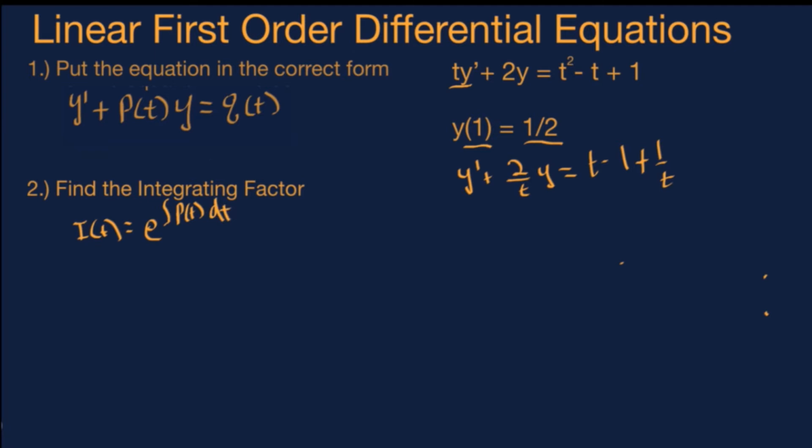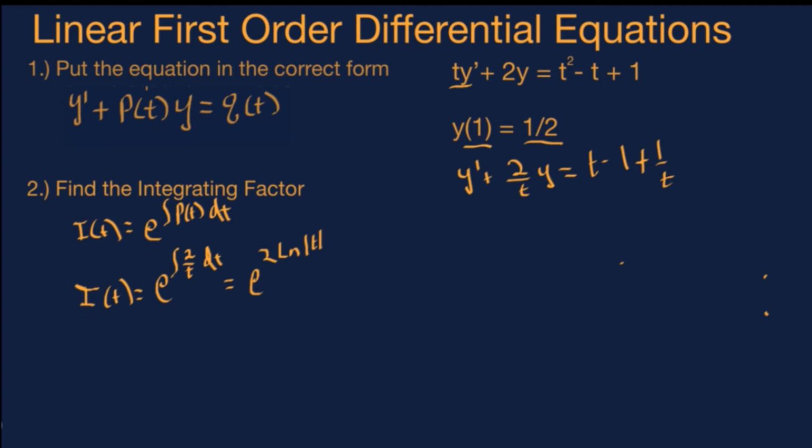And in this case, the integrating factor would be e raised to the integral of 2 over t with respect to t, which of course is e raised to 2 times the natural log of the absolute value of t.